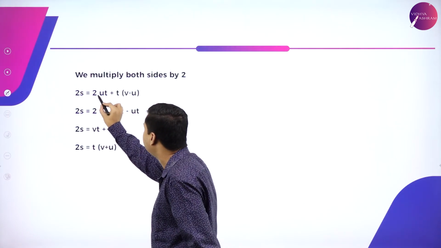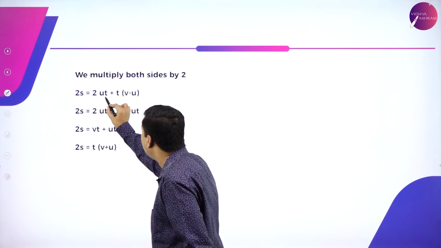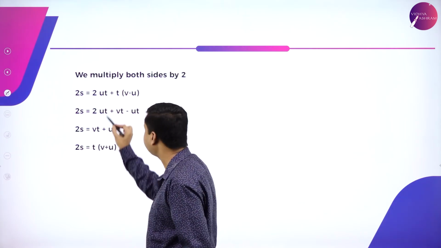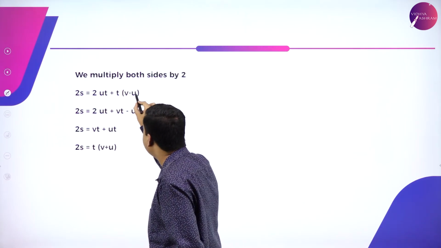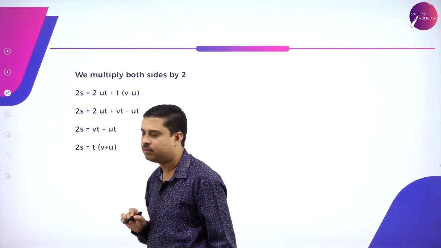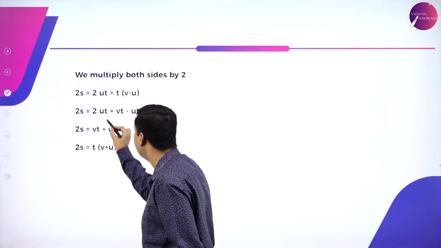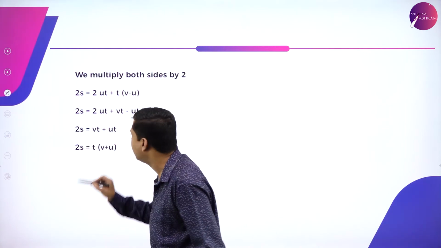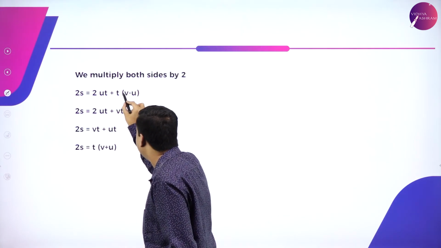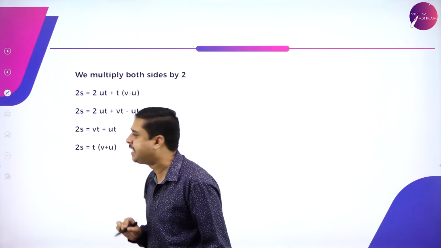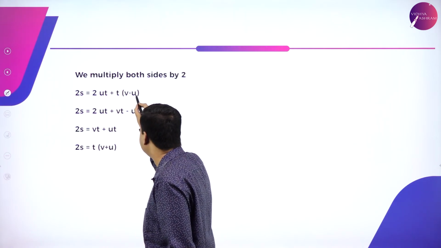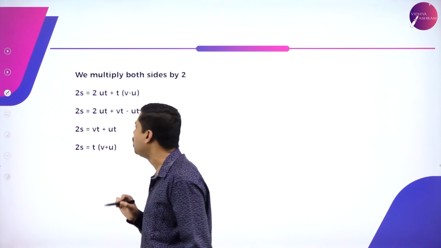So 2S equals 2UT plus T into (V minus U), or 2S equals 2UT plus V into T, VT, minus U into T, UT.